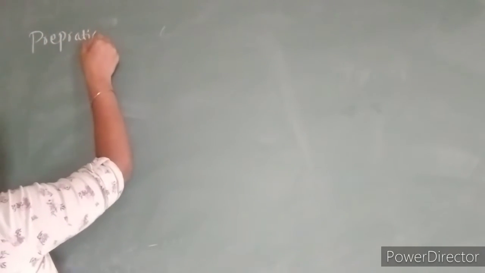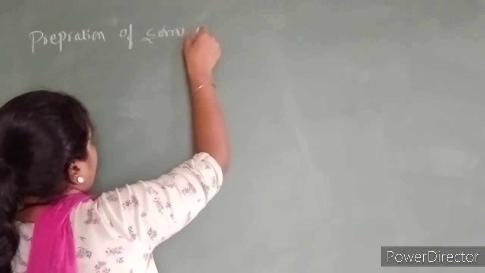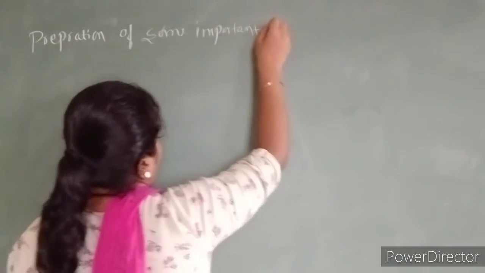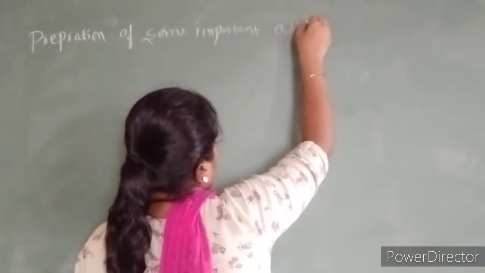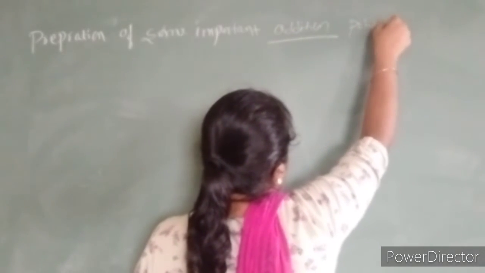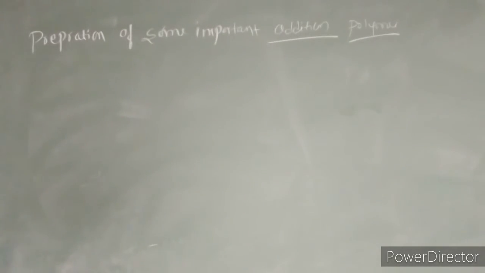Firstly we discuss polyethylene, in the preparation of some important addition polymers. Remember, all these polymers are addition polymers, so there is no elimination of small molecules. The first one is polyethylene.